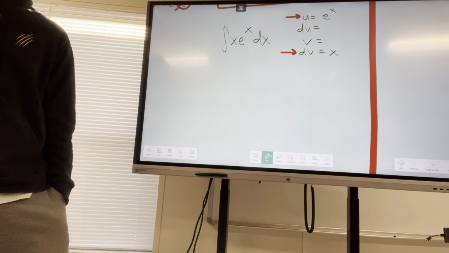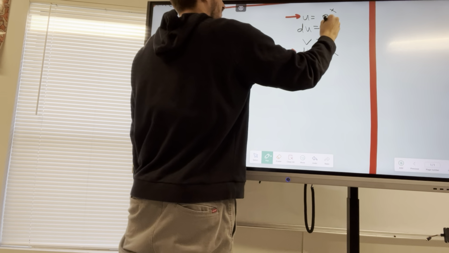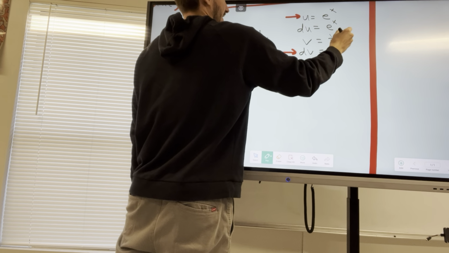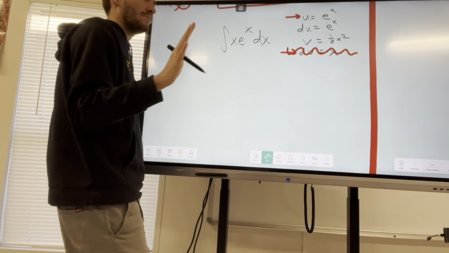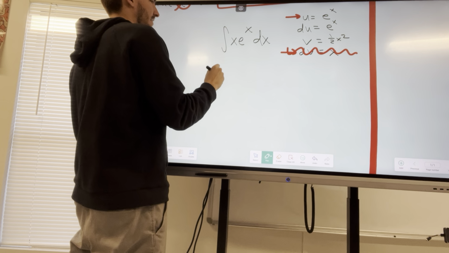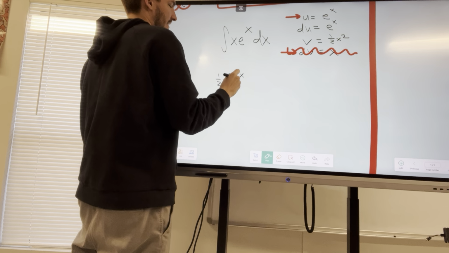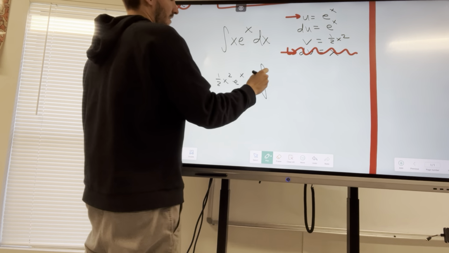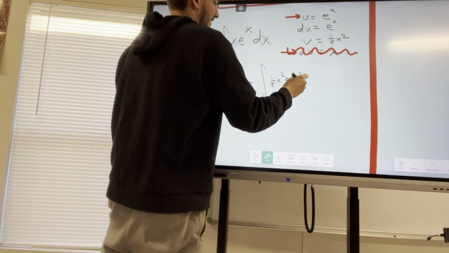Again, we have that 50-50 choice to decide. Now let's take the derivative of e to the x, take the integral of x, 1/2 x squared. Remember, we're not going to be using this bottom one anymore once we figure that out. It's going to be 1/2 x squared e to the x minus the integral of 1/2 x squared e to the x dx.